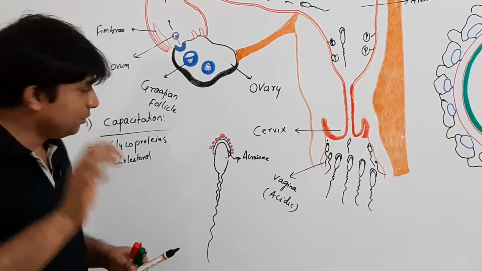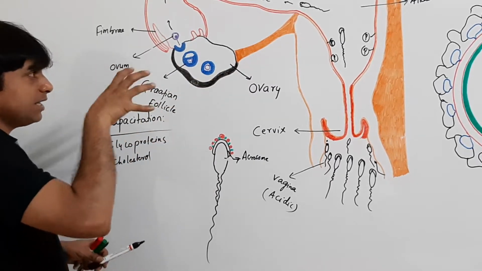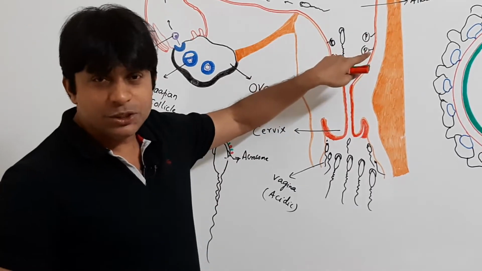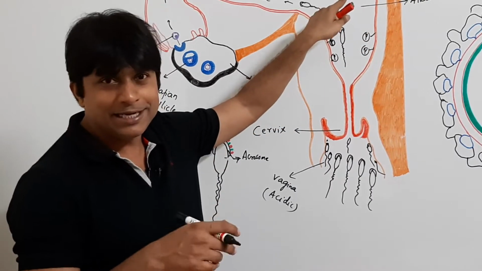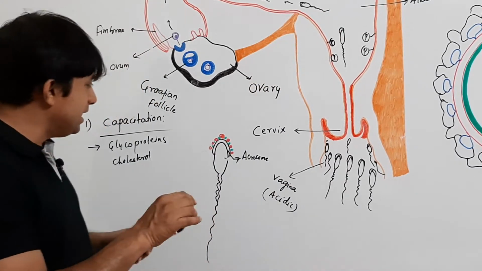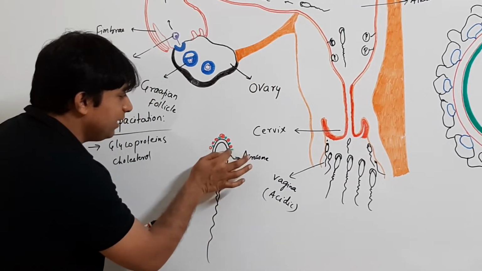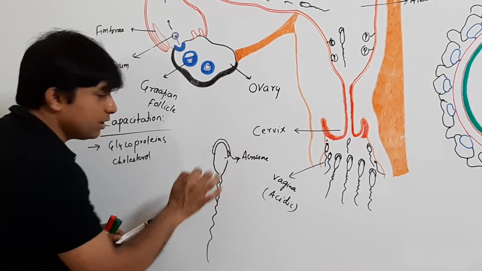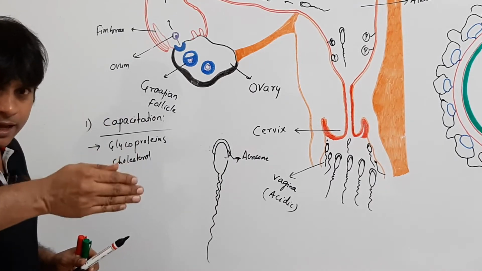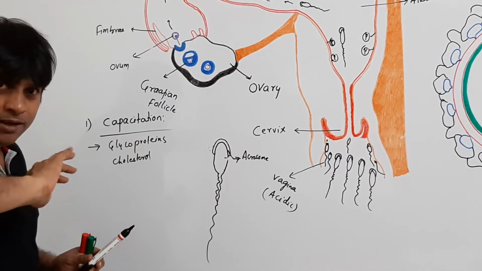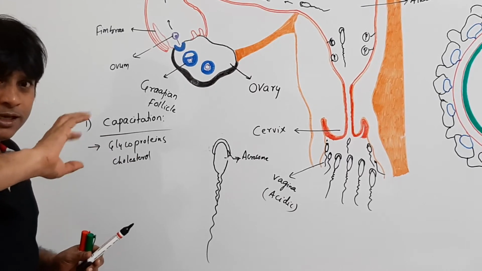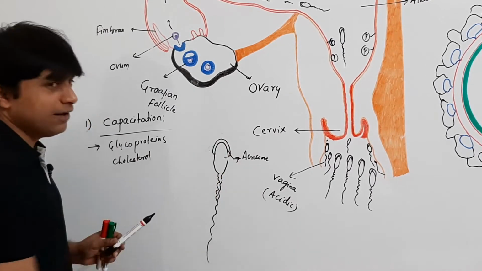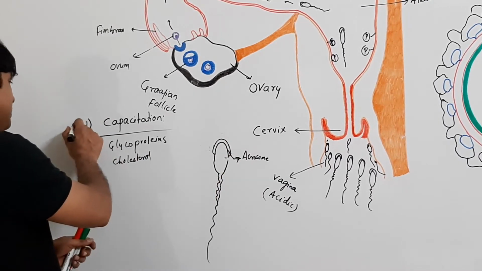So once the sperm enters the female reproductive tract, the uterine fluids secrete specific enzymes, and these enzymes dissolve and remove the glycoproteins and cholesterol, making the acrosome, that is the head of the sperm, clean. This is called washing of the sperm head. Now only the double membrane acrosomal layer can be seen. This is what we call capacitation.